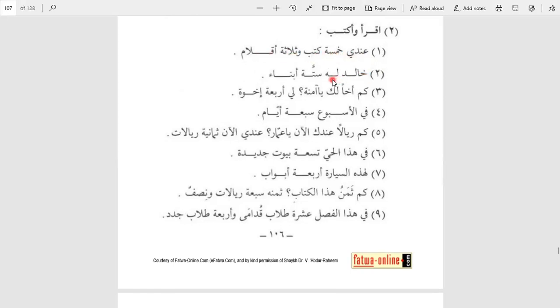Halidun lahu sittatu ibna'in. Ibna'in, yes, not ibna'u. Why not ibna'u? Because this is mudaf ilayh to sittatu, which is mudaf. So mudaf and mudaf ilayh. This is a number. So Halidun has 6 sons.